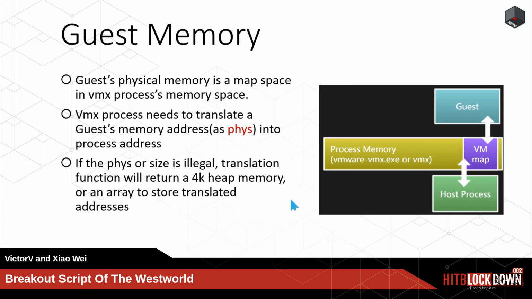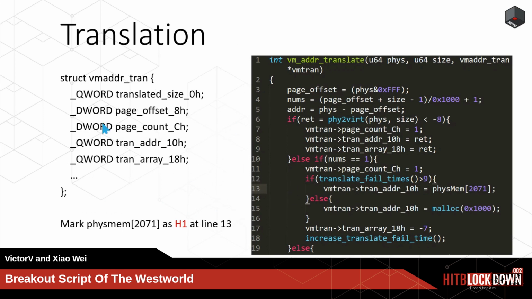Let's see the code. On the left, it's a structure definition of VM address translation. This structure is related to the address translation operation. On the right, VM address translate is a function for translating a guest physical memory address to a process address.